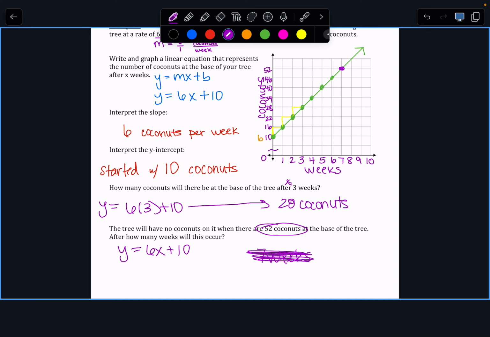Where would I put 52? Ah, 52 is coconuts, so we could put it in for y. Look here. Coconuts is on the y-axis.